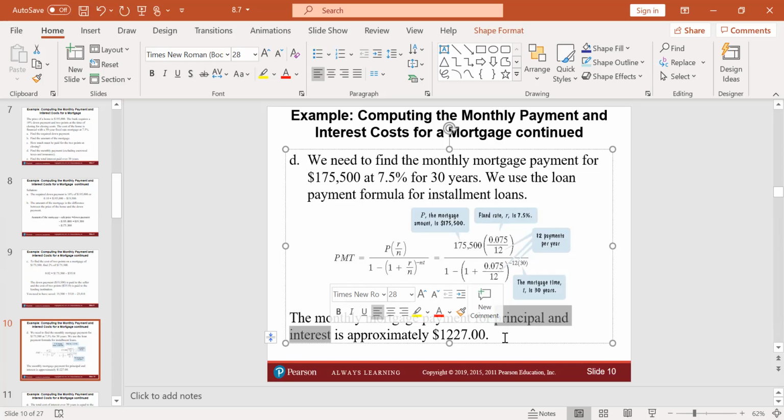So you got to pay $1,227. Now that's not all. On top of that, and we're not going to do this calculation here, you're going to have to pay property taxes. If you have a $195,000 house in Weatherford, right now you pay about 1.67% per year of the home's value in property tax.